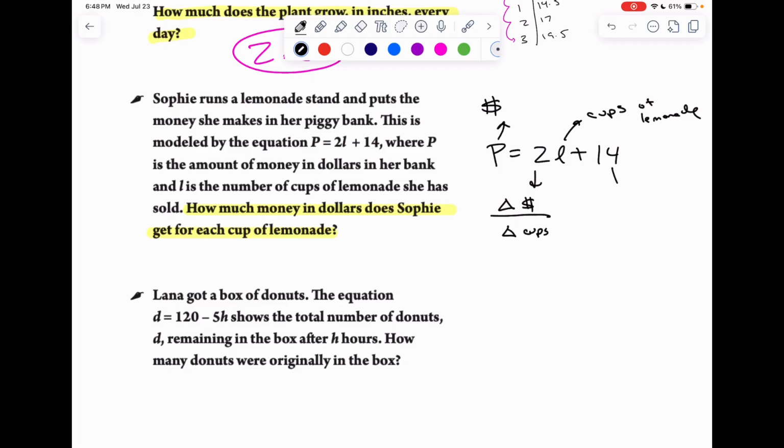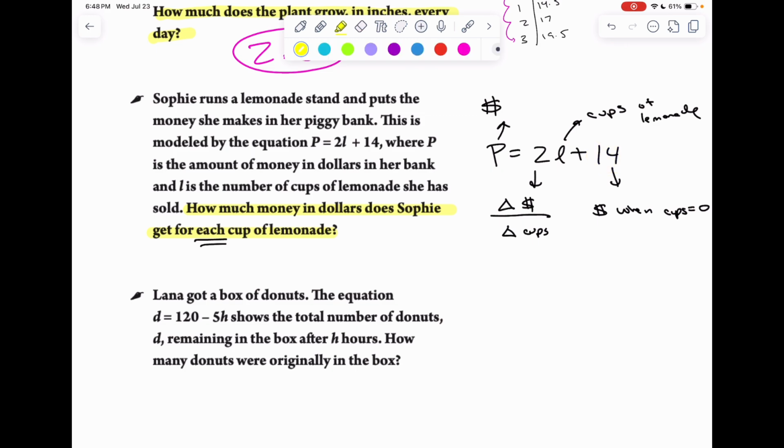And this is our starting point. This is our money when our lemonade cups are 0. So if they ask us how much she gets for each cup, well, we know we start out with 14 already when our L is 0. So 14 is our baseline. That's not what we're looking for.